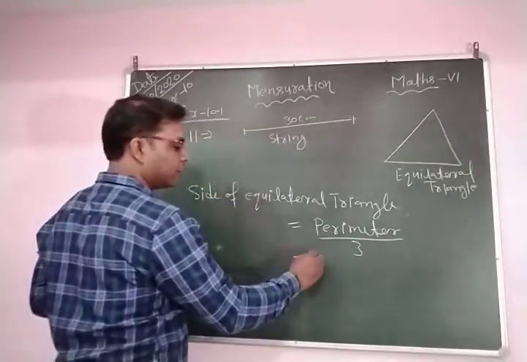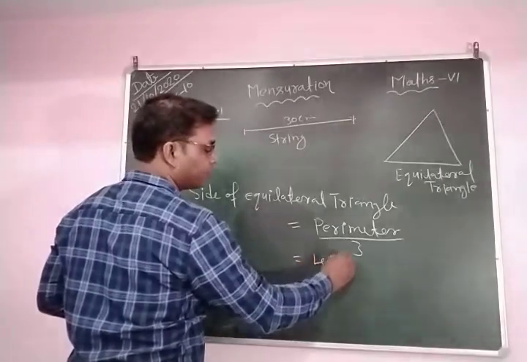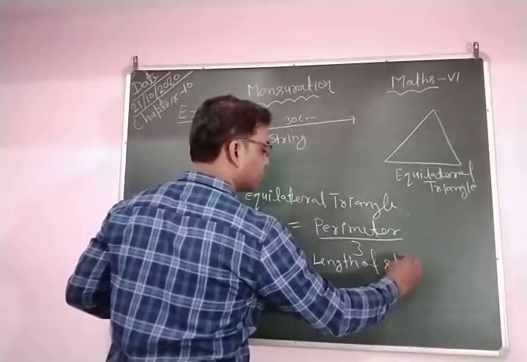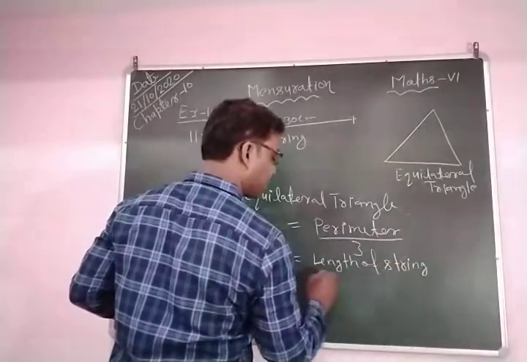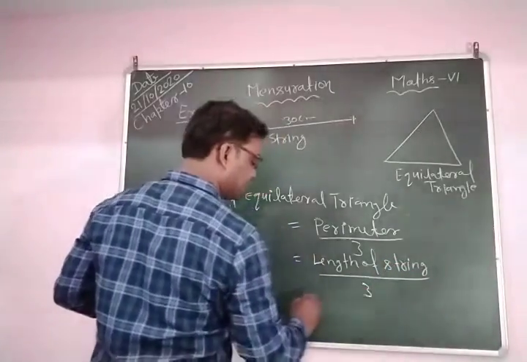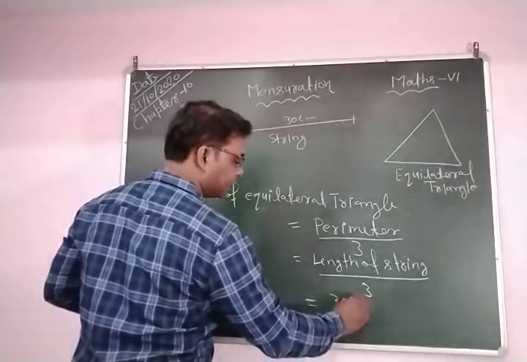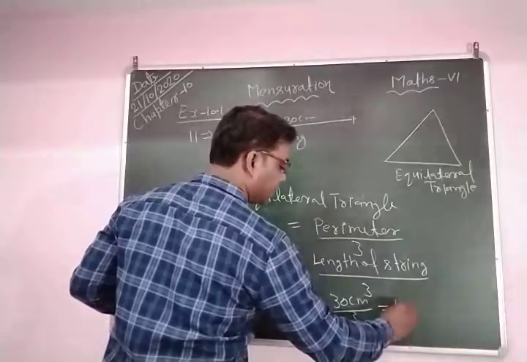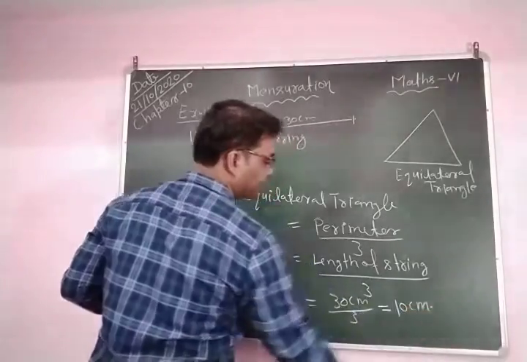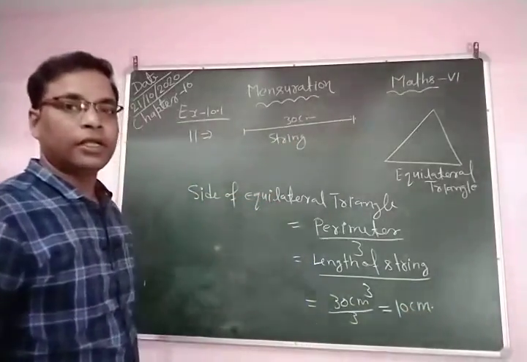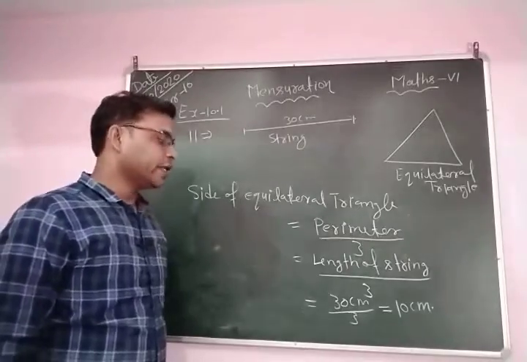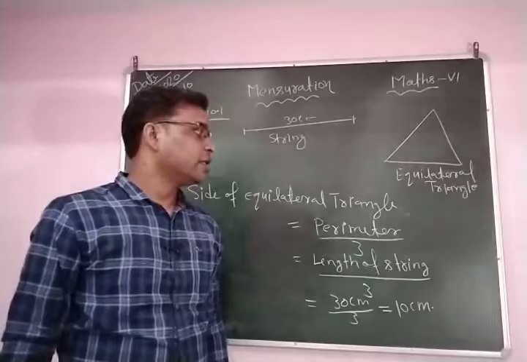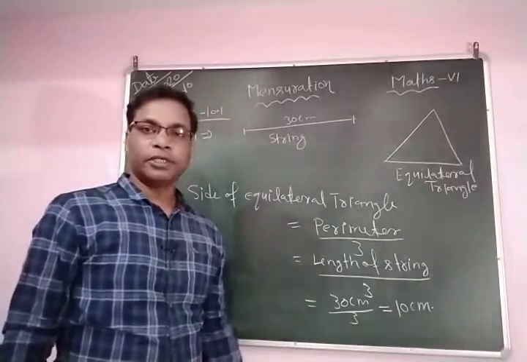This is equal to length of string by 3. Here length of string is given 30 centimeter, so 30 by 3 is equal to nothing but 10 centimeters. In this way you can see we find the length of side of equilateral triangle, which is equal to 10 centimeters.